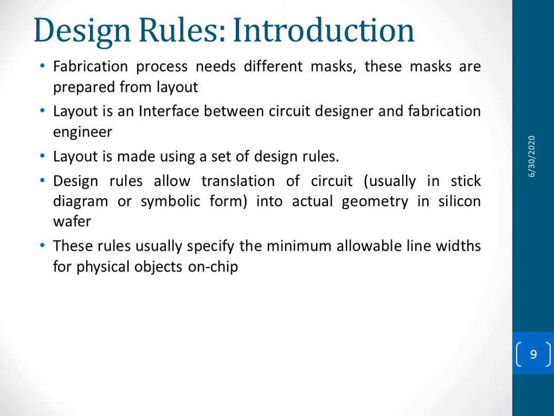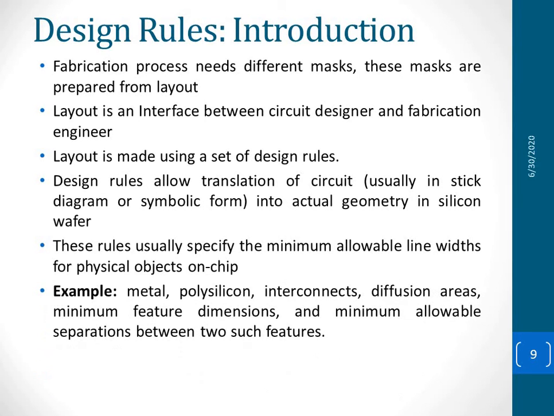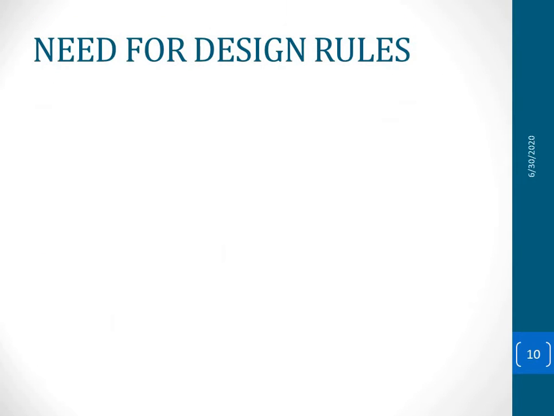These rules usually specify the minimum allowable line widths for physical objects on chip. Example: metal, polysilicon, interconnects, diffusion areas, minimum feature dimensions, and minimum allowable separations between two such features.